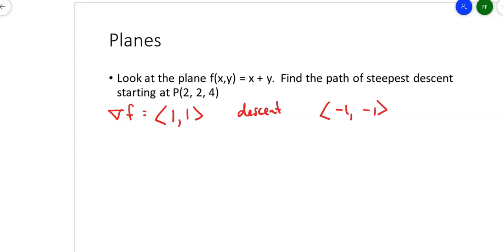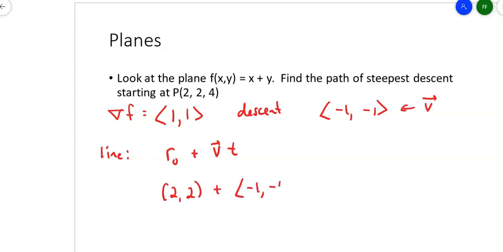Now for the equation of a line, remember how we find the equation for a line? We've got our r sub 0 plus vt, where v is that direction vector. Well, that direction vector you just found. My original point then was (2, 2), because I'm operating on a plane. So (2, 2) plus my v, negative 1, negative 1, times t.